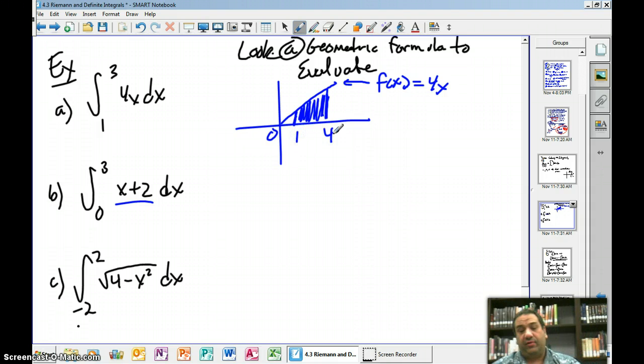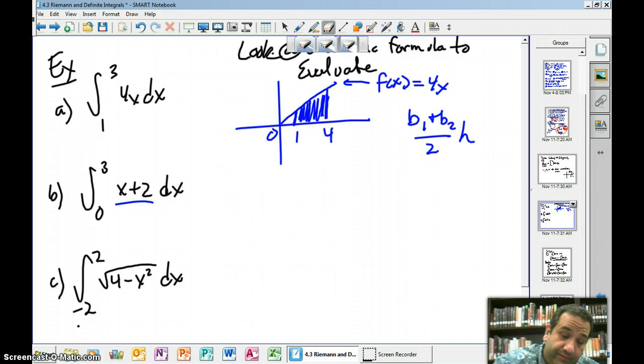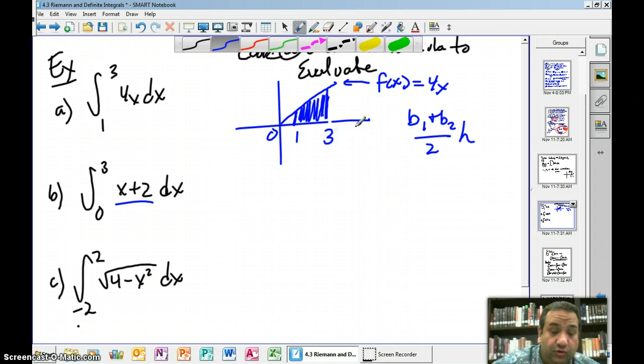If I think about the area of this figure, it's actually going to be a trapezoid. If you remember the trapezoid, it's the average of the bases times the height. Well, the height is here. 1 to 3, the height is 2.